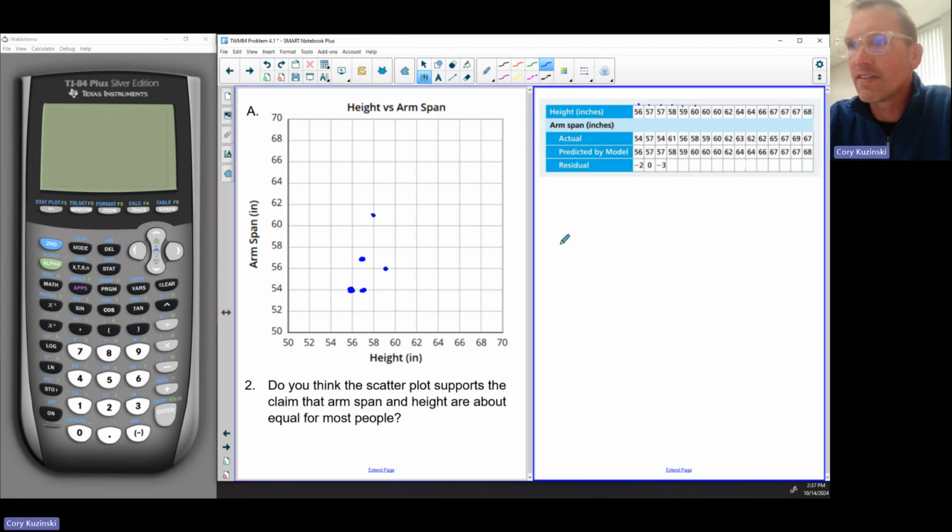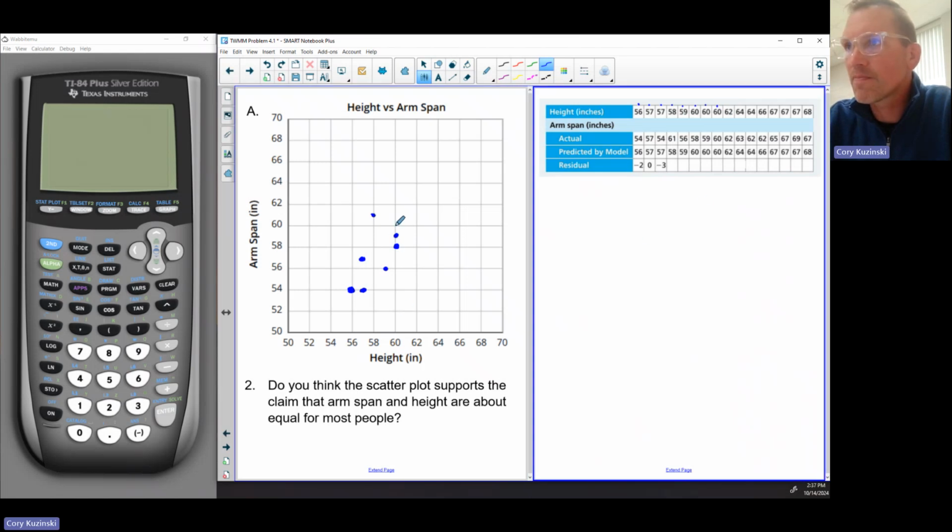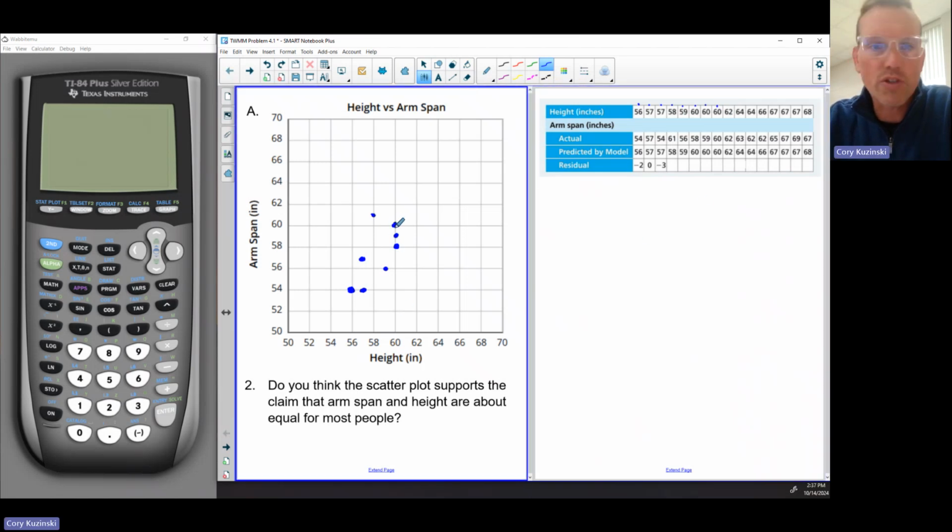And then 60 and 58. 60 and 59. And 60 and 60. So those students are all the same height, 60 inches, but they all have different arm spans.